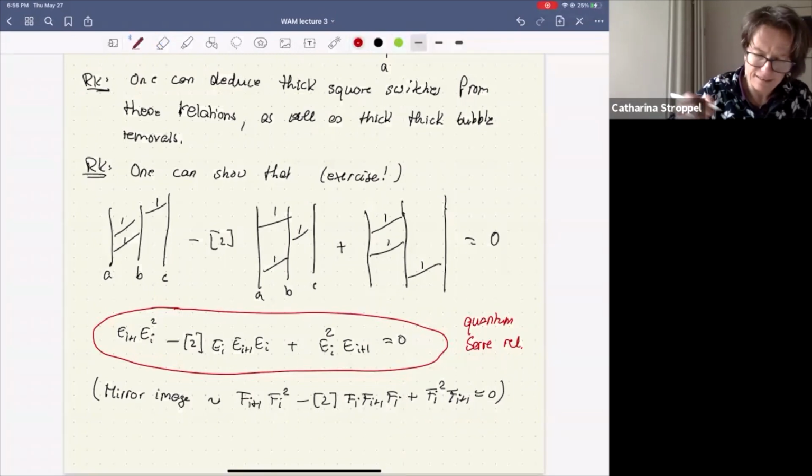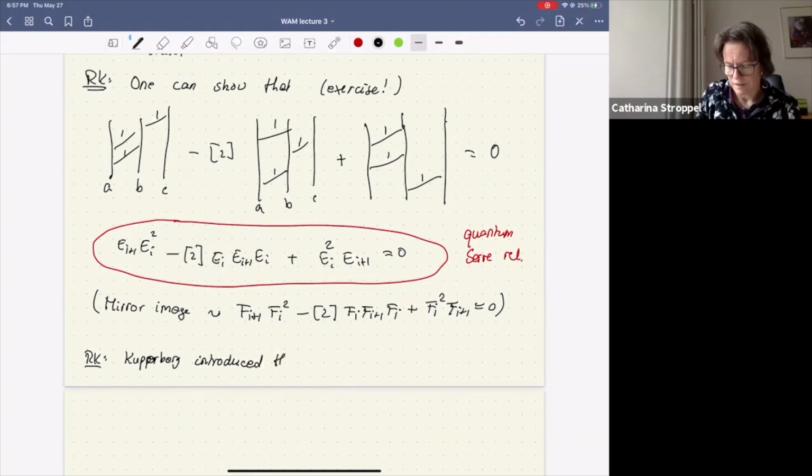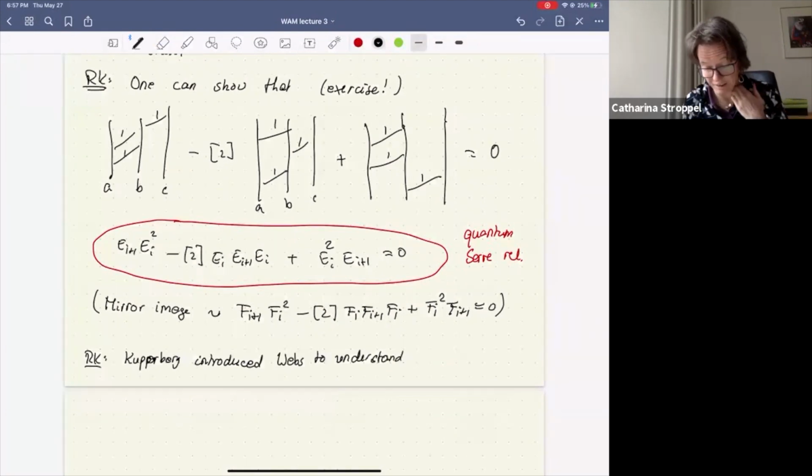Right. And these web diagrams, I think, were originally introduced by Kuperberg, a colleague of Monica, to understand representation theory. He does it in pretty high generality, and in general these are extremely difficult.